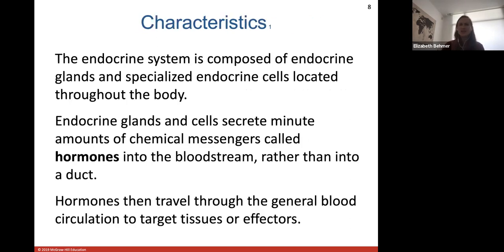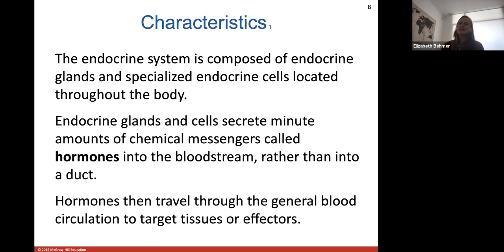Some characteristics of your endocrine system: it's composed of endocrine glands, which we kind of showed you a couple of in that first picture, and specialized endocrine cells located throughout the body. So there are specialized endocrine cells in your digestive tract, or you might have an entire endocrine gland like your thyroid gland.